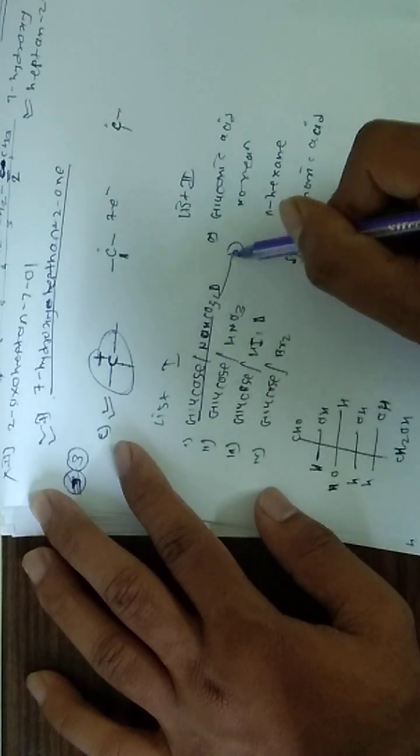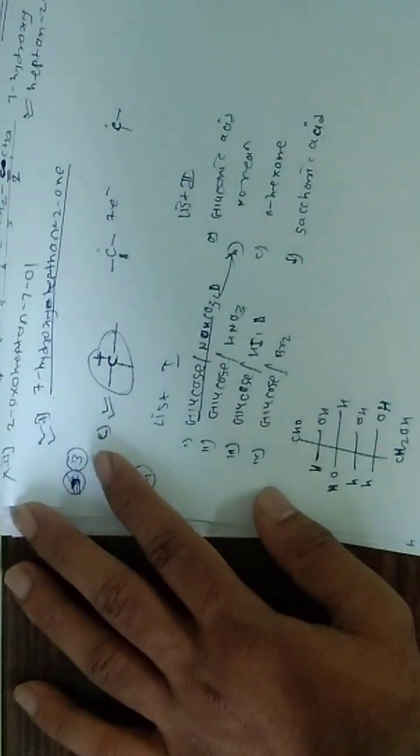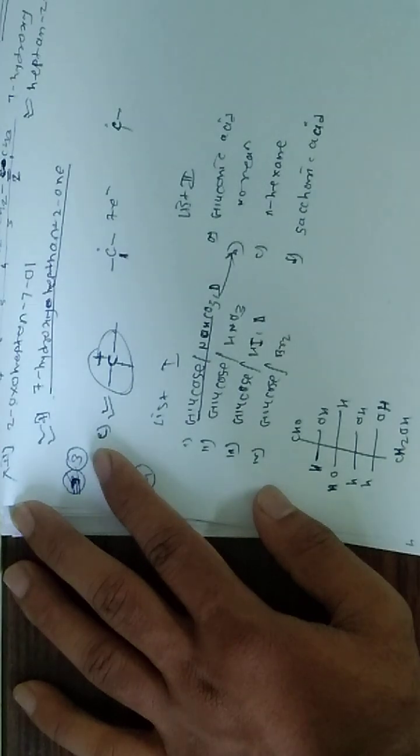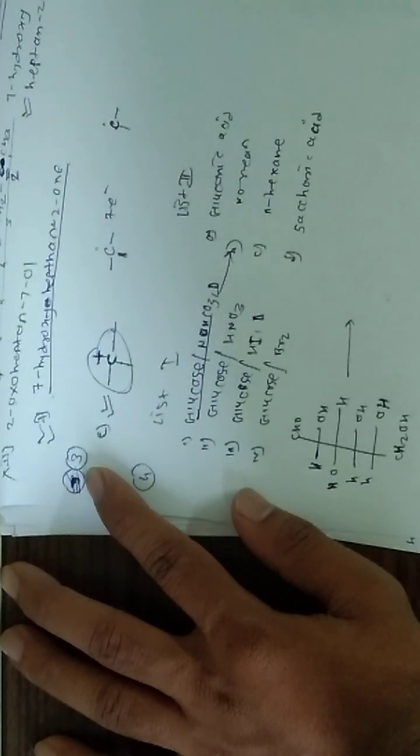So the first one matches with B. If we see the next, HNO3 is a strong oxidizing agent. Due to this, it oxidizes glucose to saccharic acid.